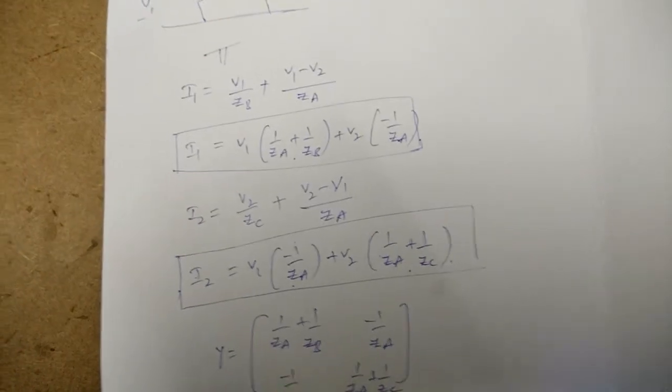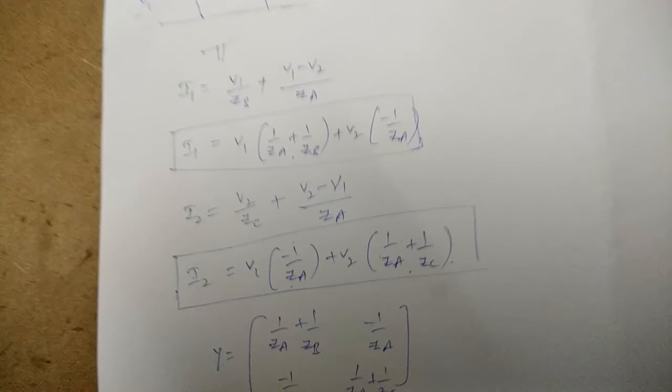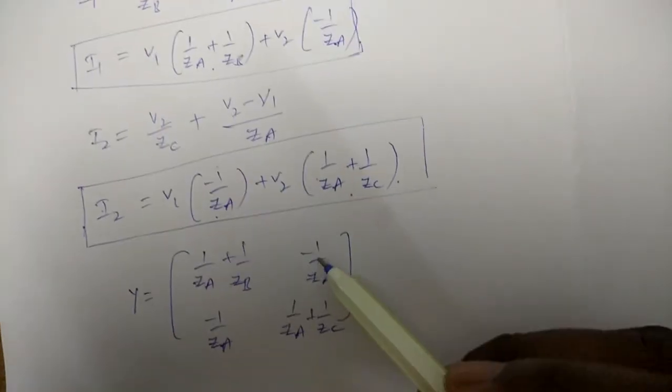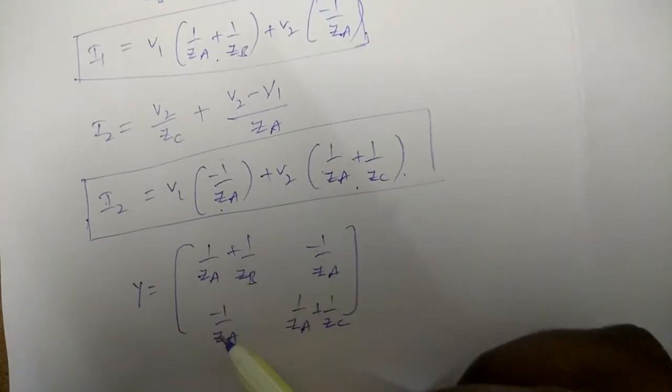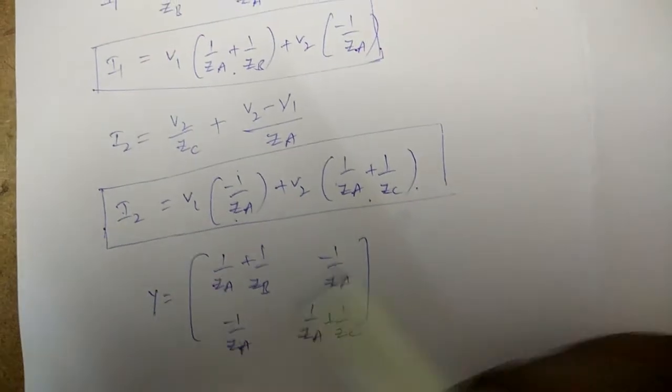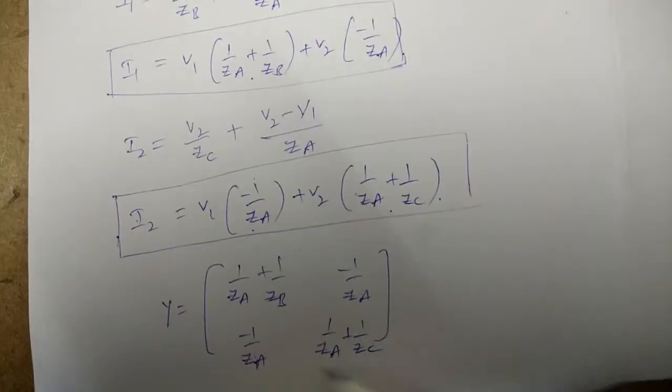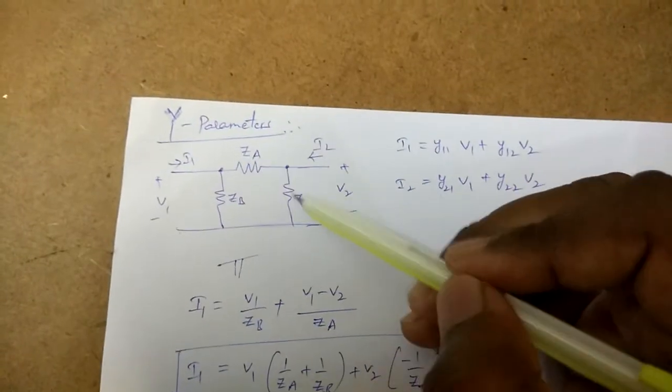Once again: Y11 is 1 by ZA plus 1 by ZB, Y12 is equal to Y21, that is minus 1 by ZA, and finally Y22 is 1 by ZA plus 1 by ZC.